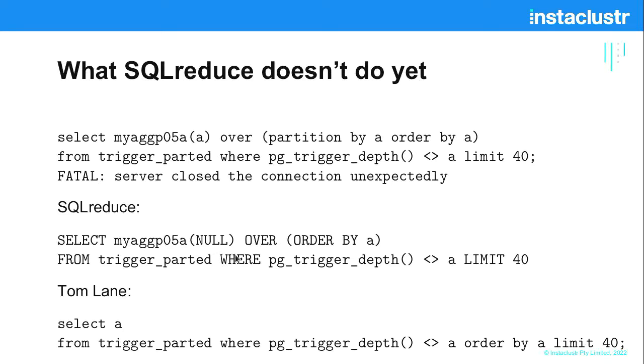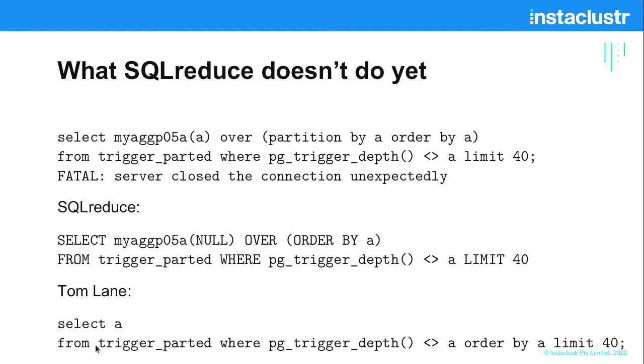But when manually reducing that query, Tom Lane, one of the leading Postgres developers back then, actually figured out that the query could be rewritten, so that the order by is pulled up to the top and pushed down there. So this is arguably simpler than that one, but we can again apply SQLreduce on that one, and there's actually room for improvement there.